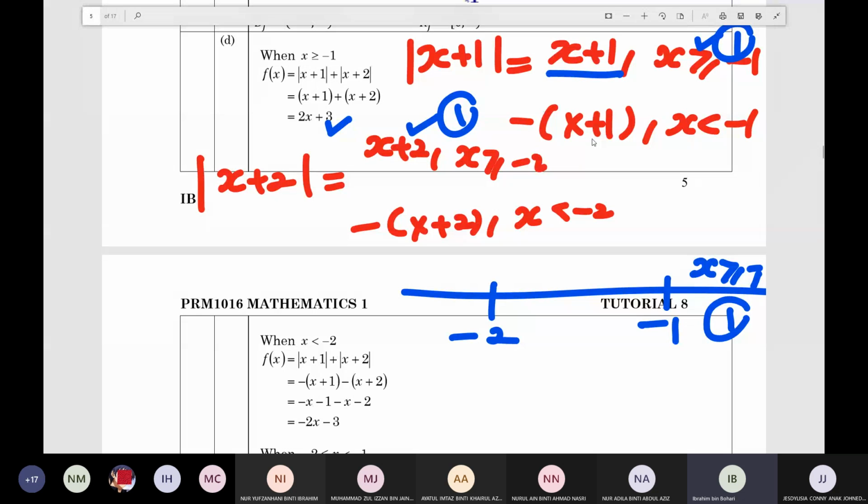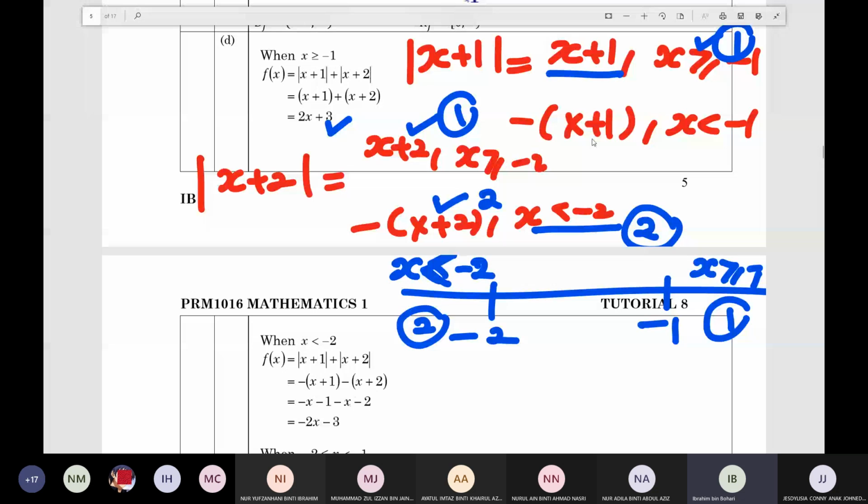And the second function, submit this one number 2, between negative infinity and x equals to the -2, less than or equals to the -2, less than -2, yeah, less than -2 here, this one submit number 2, okay, so negative x plus 2, and then second function here, negative x plus 1, so you combine negative x plus 1 minus negative x plus 2, you combine two function, and fx here equals to the negative 2x minus 3.